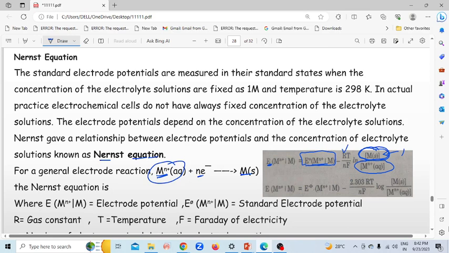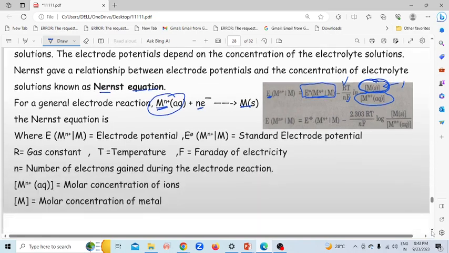Here R is a constant. Temperature is also constant if you are taking room temperature, otherwise it will vary. F is also a constant, the Faraday. If you put in these values you get a more convenient equation.